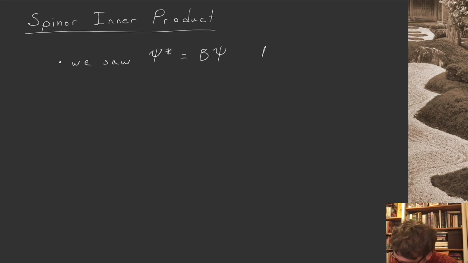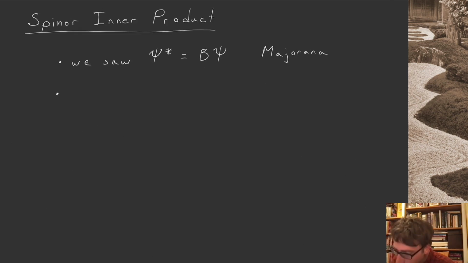This was the way of imposing a Majorana condition, and at least personally I feel it a little bit distasteful. I spent all of this time in elementary school and beyond learning about complex numbers and what a reality condition should be. And now finally I get to this stage and someone tells me, aha, but for spinors, the way you impose a reality condition is different, which makes me think, well, maybe you didn't set things up right to begin with. But there it is, that's how it works.